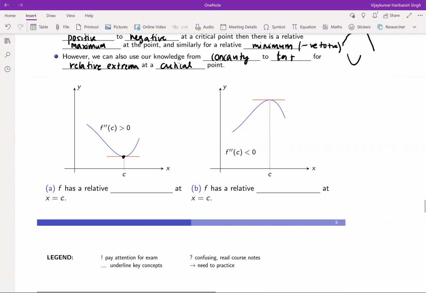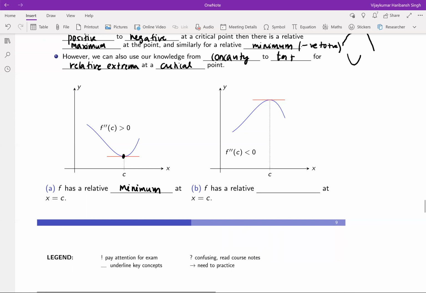So you're not testing at any point; c is a critical point. Now notice the following. The graph is concave up, so f double prime of c is greater than 0, and what you're getting is the relative minimum. So f has a relative minimum at c.